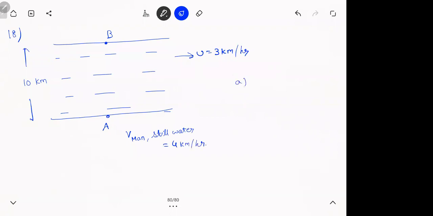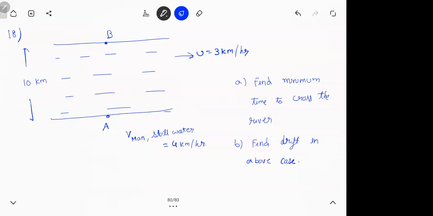So the question is, find the minimum time to cross the river. Then find the drift at part A. So in the minimum time case, how much drift will you have? Find the drift in the above case. Question is clear. River is flowing with 3, man can go with 4. So find the minimum time to cross the river and how much it will drift. One thing, he won't reach B, he will reach somewhere else.